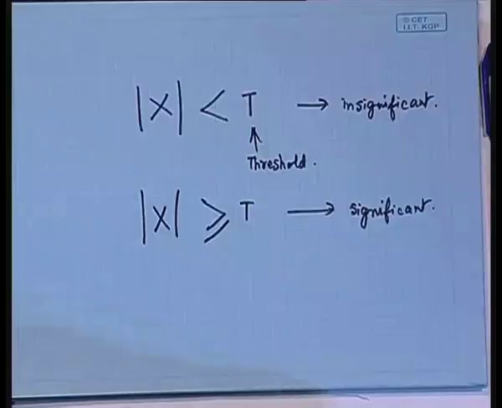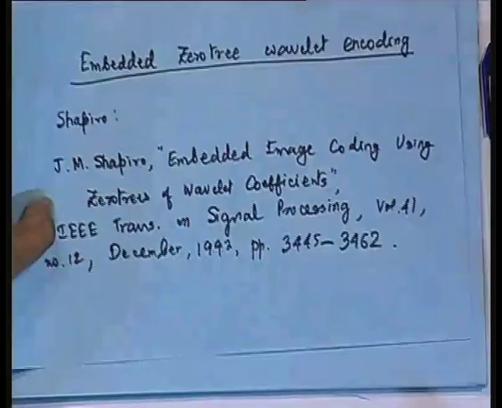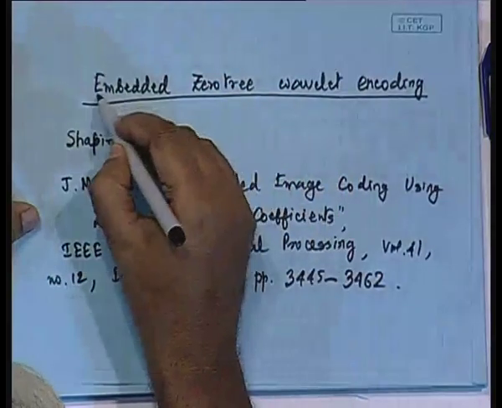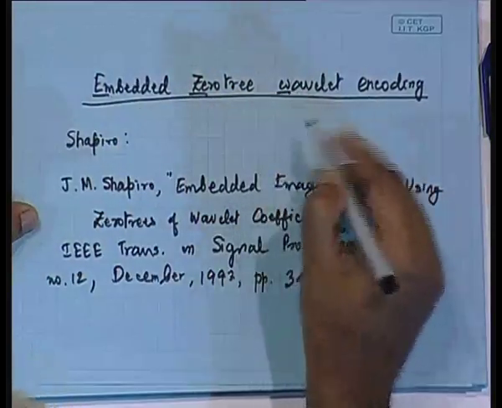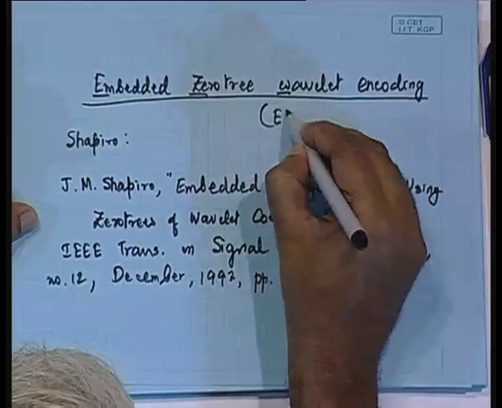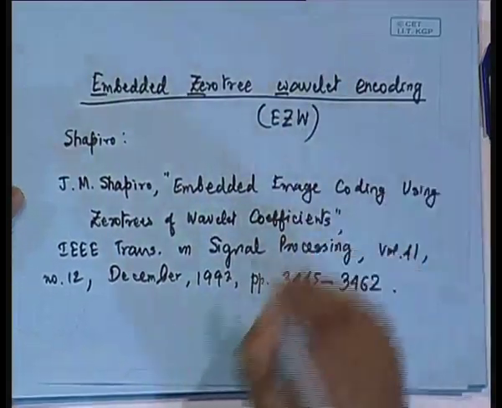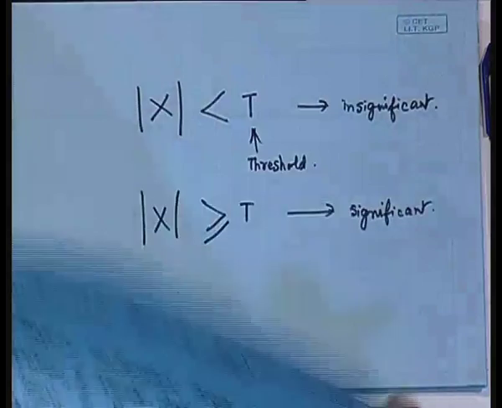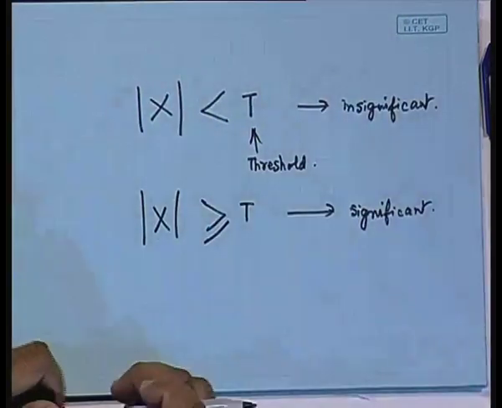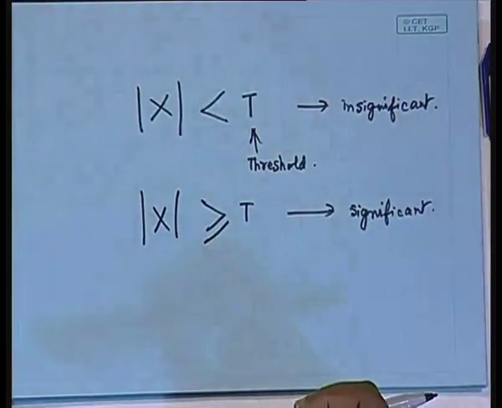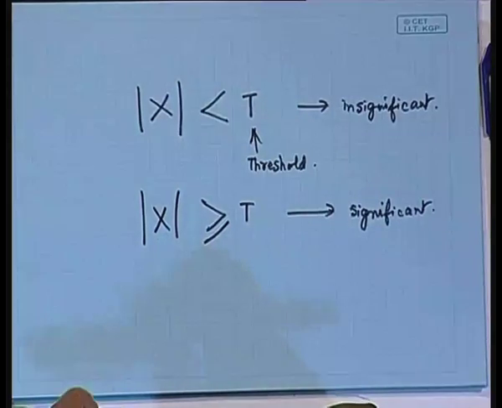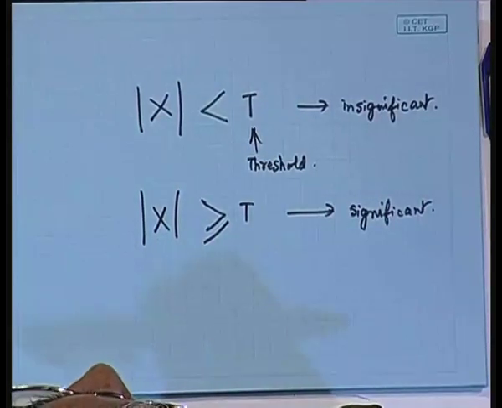Rather than calling it embedded zero tree wavelet, such a long name, I would call it EZW. It is a very popular term that you will find in the wavelet encoding literature, the EZW coding technique.